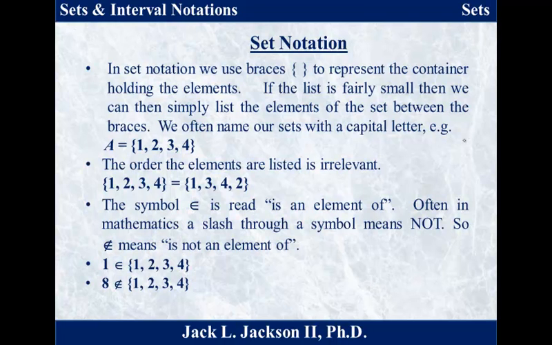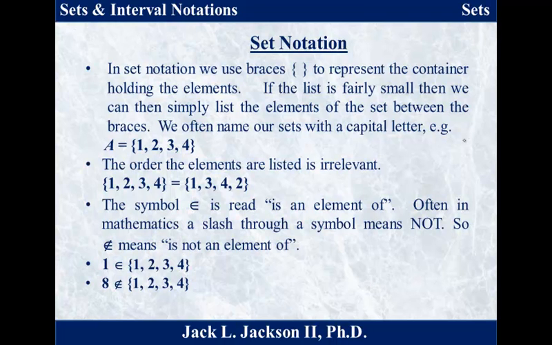We can name them however we want, but it's often a capital letter. So we could say the set A equals the set containing the elements 1, 2, 3, and 4. Now the order that we list the elements in the set is totally irrelevant. There's no order inside the set. So the set containing 1, 2, 3, and 4 is absolutely equal to the set 1, 3, 4, 2.